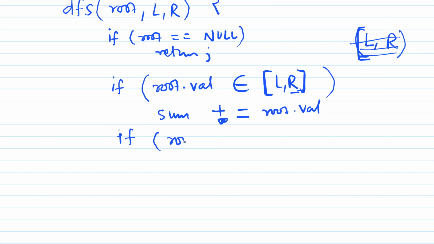If root dot val is more than l, more than l means it's also more than r. That's why it came here. This is the case where it's more than l but less than r. So more than l means it's more than r also.